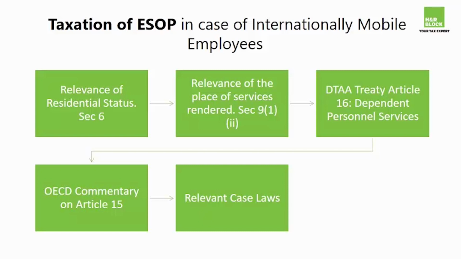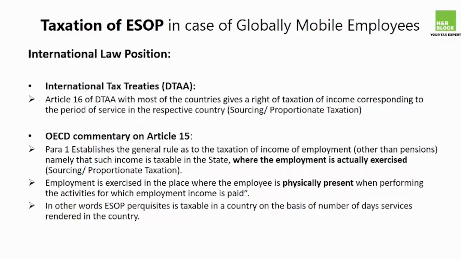OECD commentary on Article 15 also has similar provisions, and there are some case laws which also support the view that you can source the income based on the vesting period served in a particular country. So if you serve the vesting period partly in India and partly outside India, you can allocate that portion and offer it for taxation in that particular country.